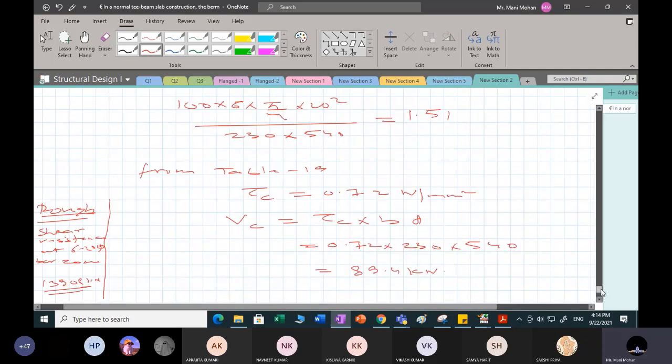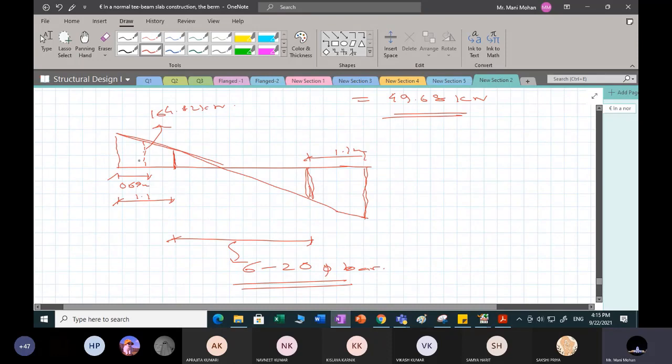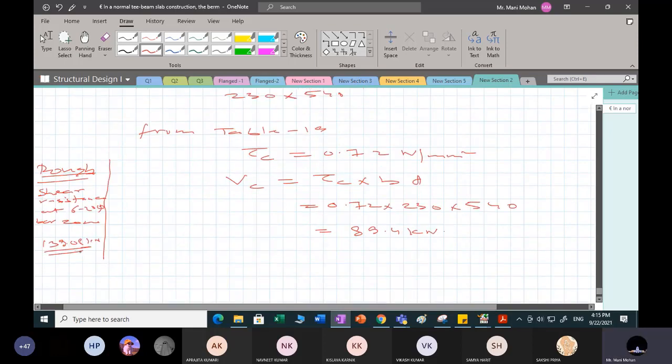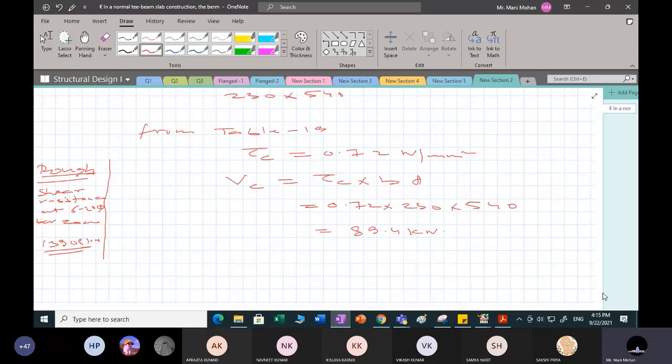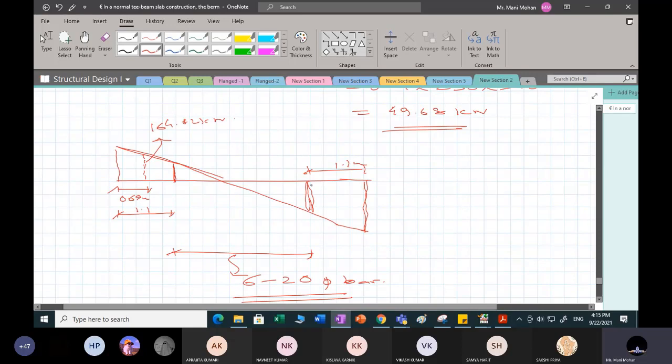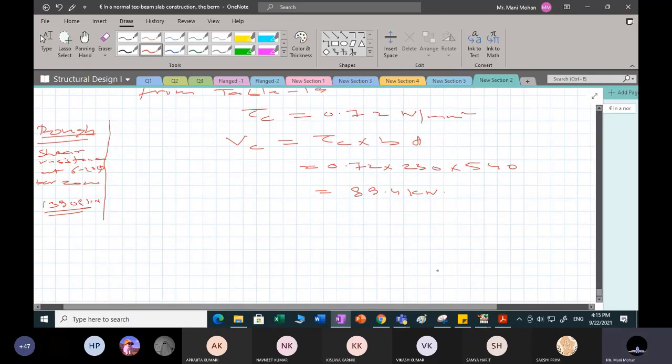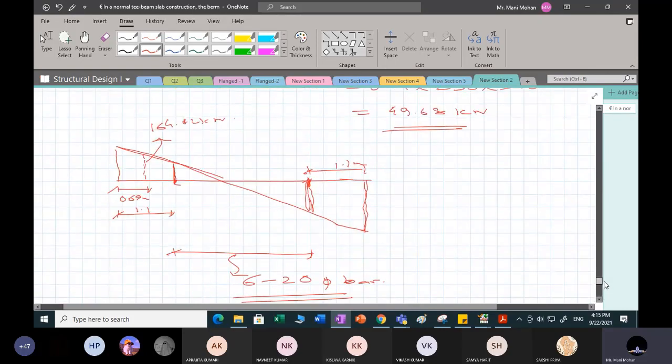So I would like to know where in my shear force diagram I'm going to have a shear force equal to 139.08 kilonewton. Okay, so here I have to locate. From here till here, where you have provided 620 dia bar, you are going to have the shear resistance of 139.08 kilonewton, provided you go with the nominal shear reinforcement.